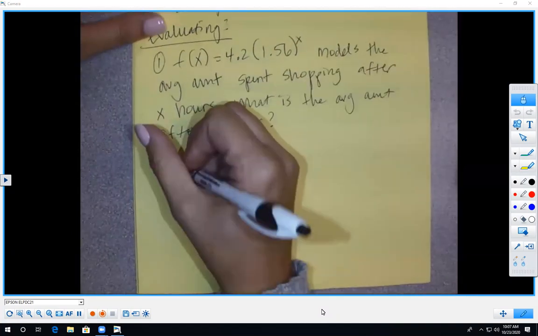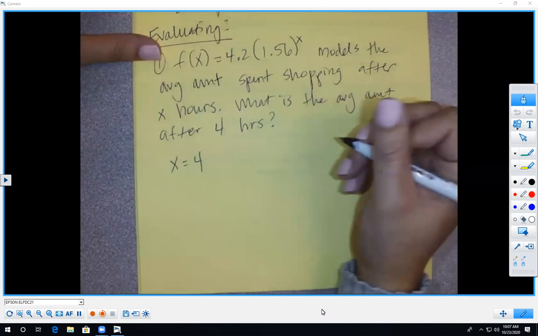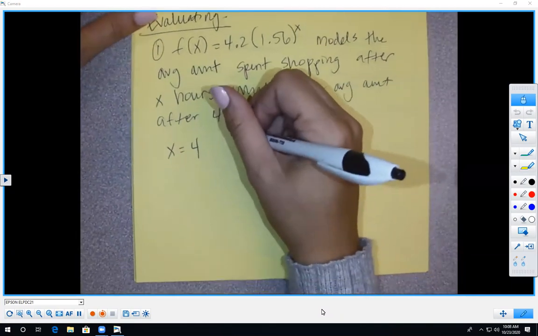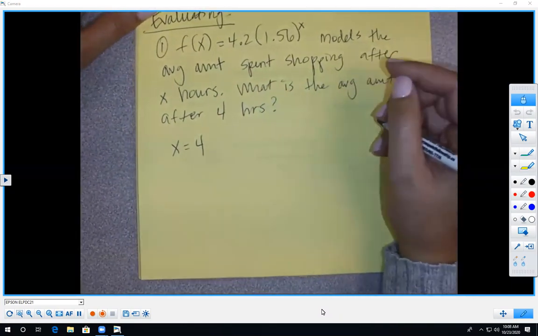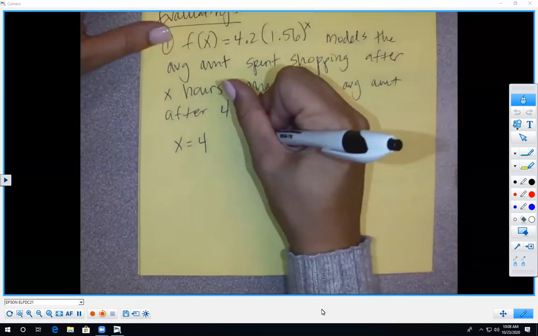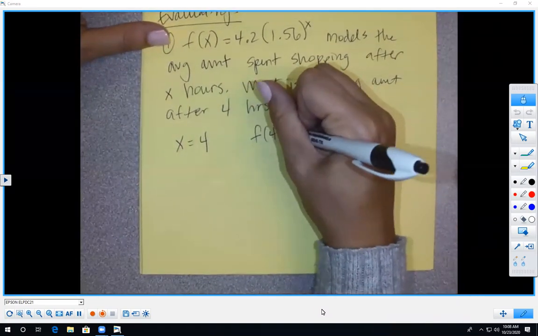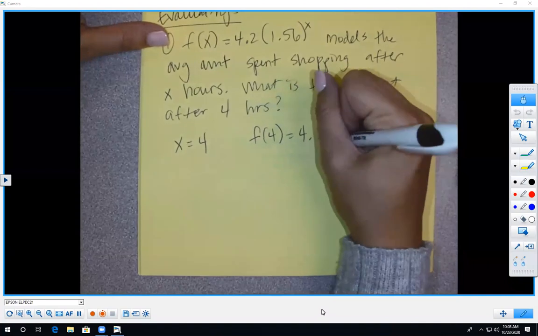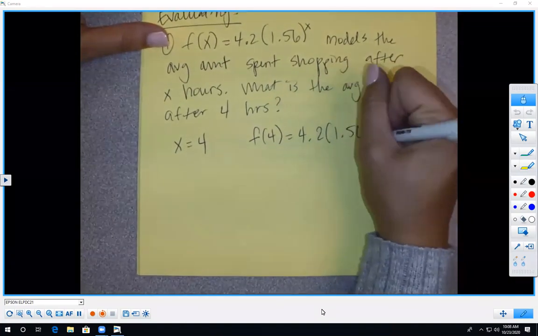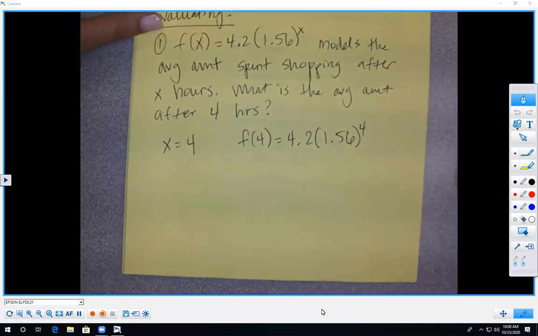Okay, so in this case, this tells us that x equals 4, and we want to plug it into our function to figure out how much money you spent if you shop for 4 hours. So we're going to find f of 4 equals 4.2 times 1.56 to the 4th power.